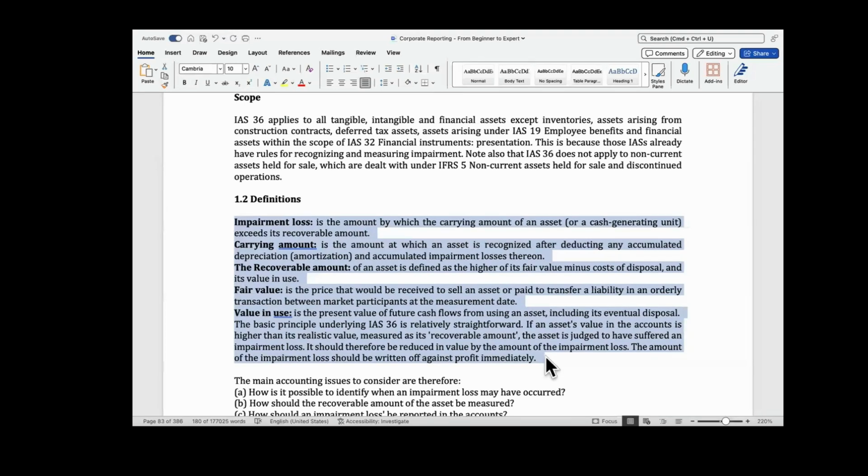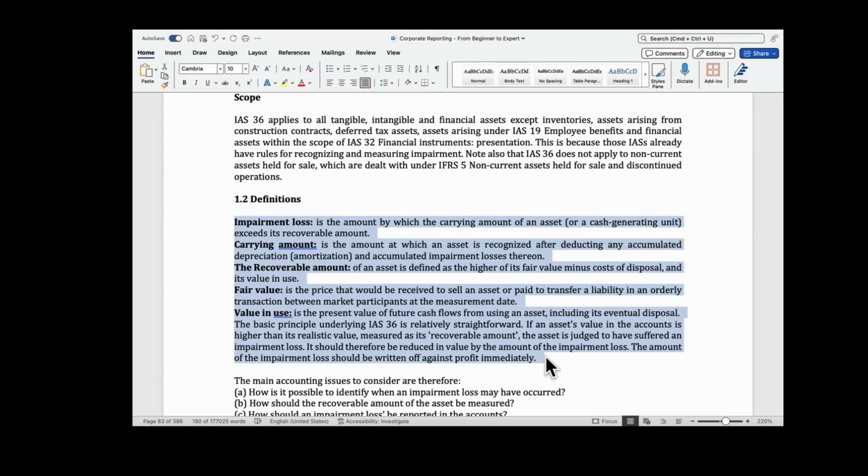And in a more structured way, we will say that when the carrying amount, which is the book value, is higher than its recoverable amount, that goes to show that in one way or the other, you are overvaluing your assets. You are carrying a figure as your asset more than what you can recover from that asset. So we really want you to bring the asset down so that whatever you have in your books at any point in time will show actually what you can recover from that asset. And that is the underlying principle in IAS 36.